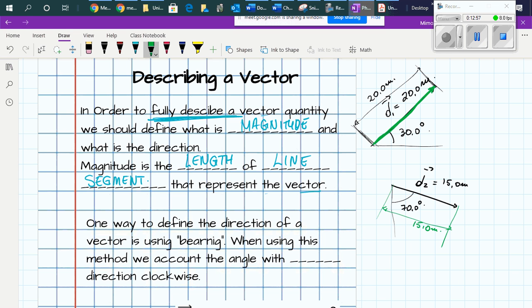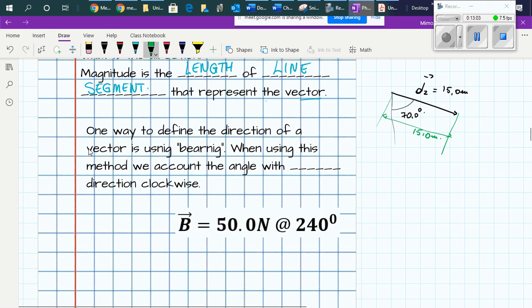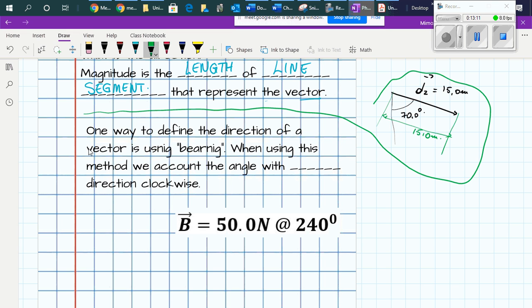Okay, there are different ways to describe a vector in terms of the direction, because we established that the magnitude is the length of the line segment that represents the vector. But now, in order to describe a vector, we need to know what is the magnitude and what is the direction.